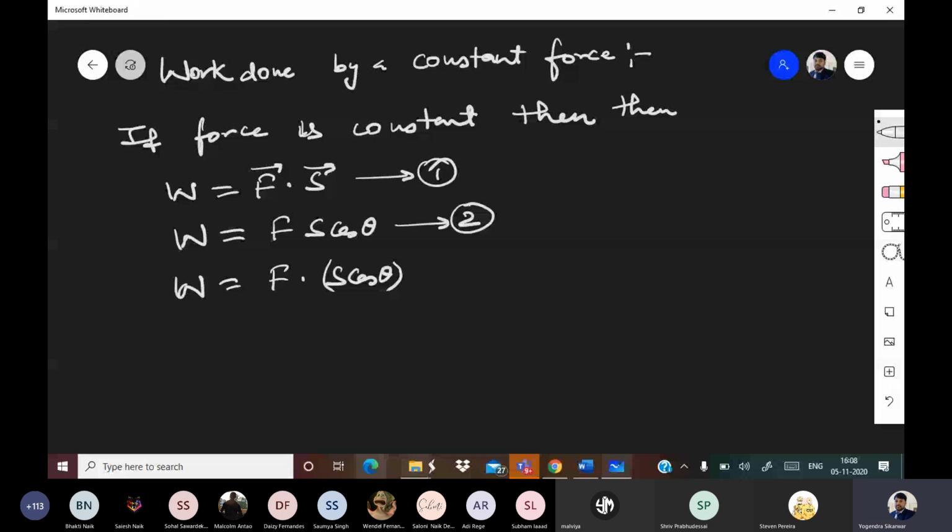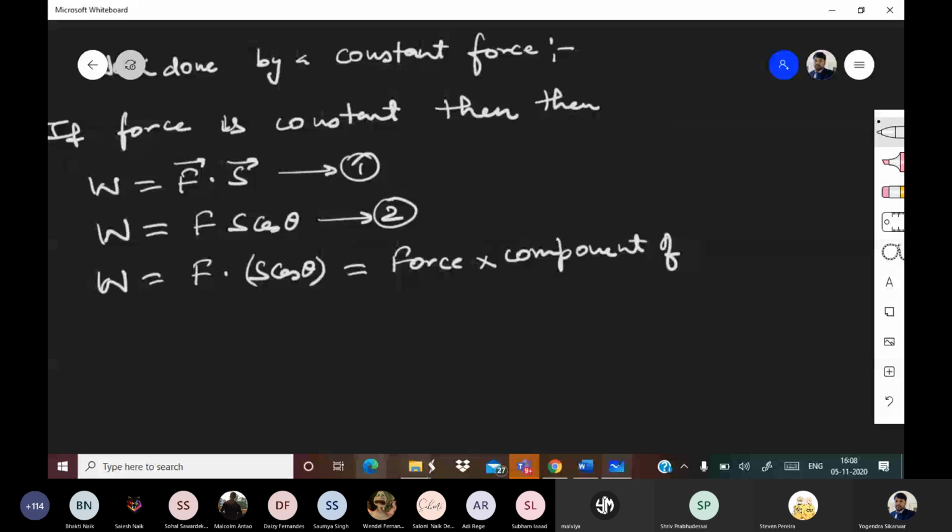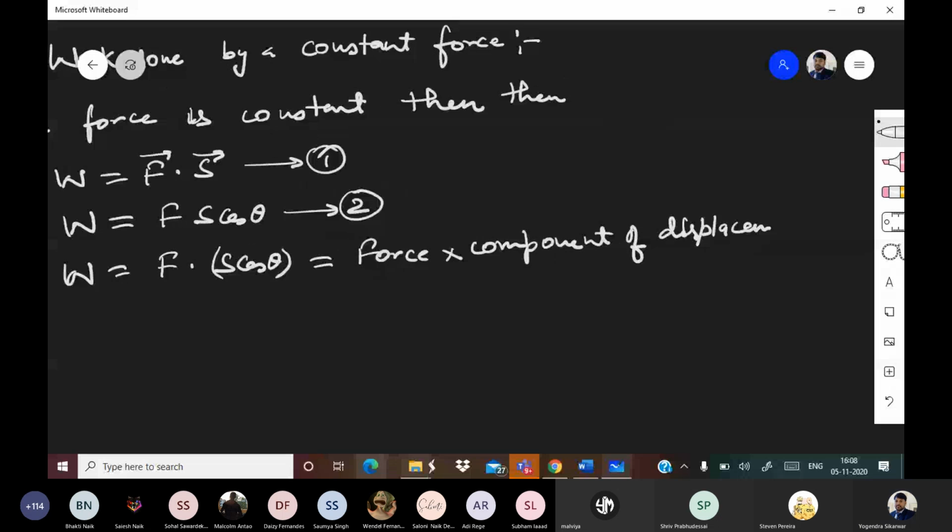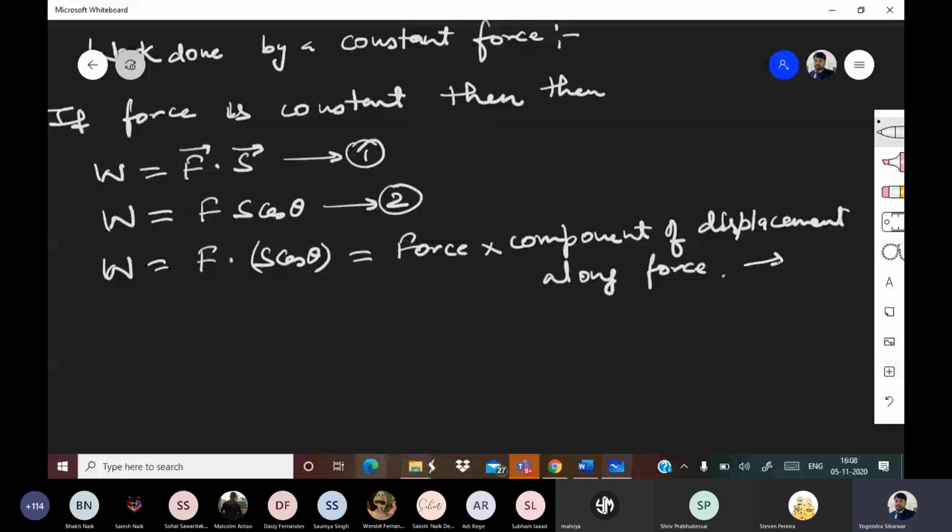And that means force into component of displacement along force. Okay, this is third method.